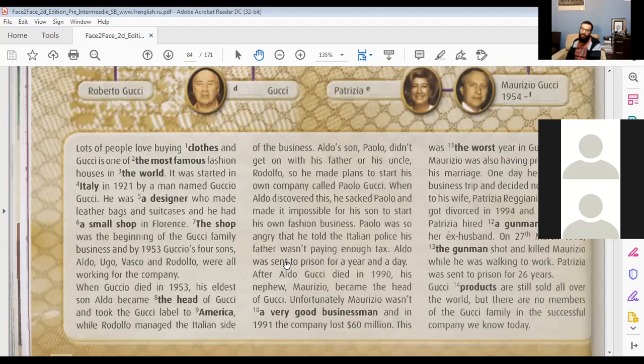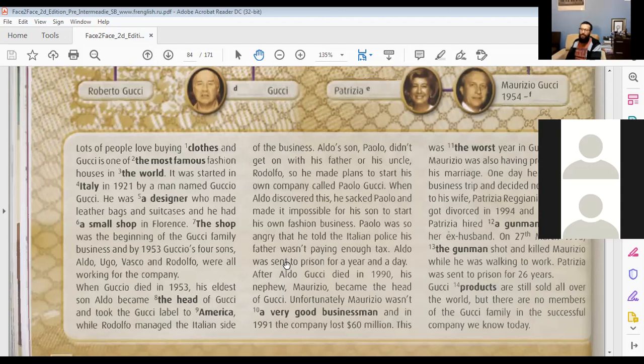Did she kill him? She did, by a gunman. Gunman, not she. Okay. But how did the gunman kill him? Her ex-husband. So the gunman killed her ex-husband.